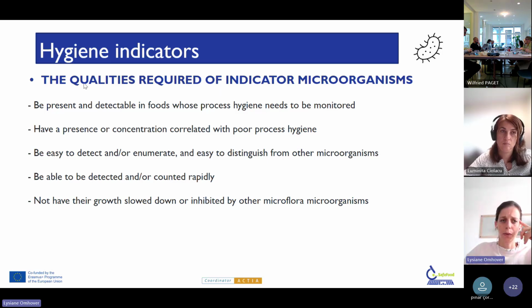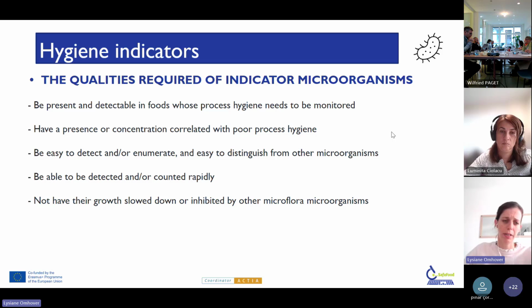What are the qualities required to find an indicator microorganism? These microorganisms are to be present and detectable in food. Their presence or concentration is correlated with poor process hygiene. They should be easy to detect or enumerate and easy to distinguish from other microorganisms.